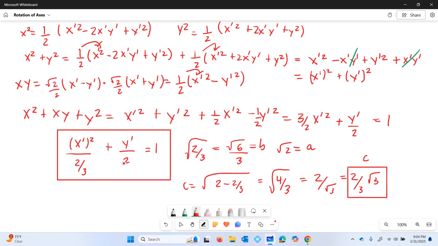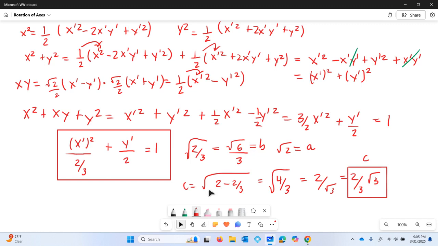And then of course we know that one of the vertices is at 0, root 2, and then at 0, negative root 2. Now if we wanted to find the asymptotes for this one, well, this one doesn't have any actually, but you at least know that the major axis is the vertical axis.